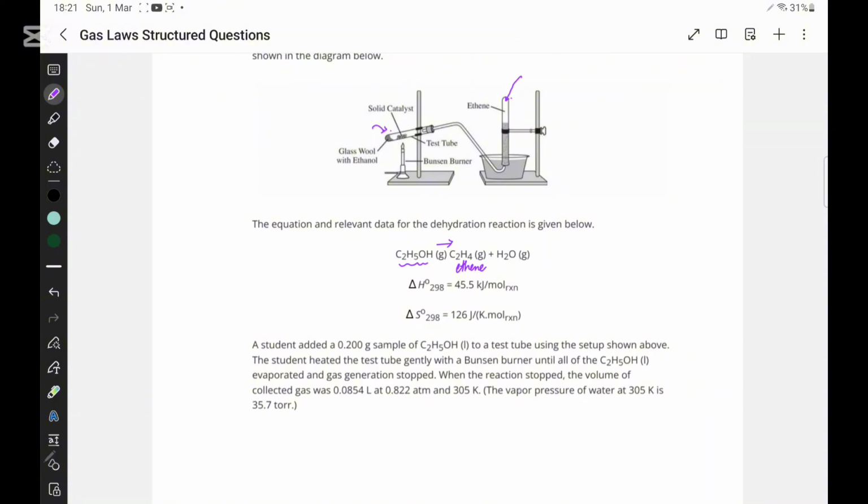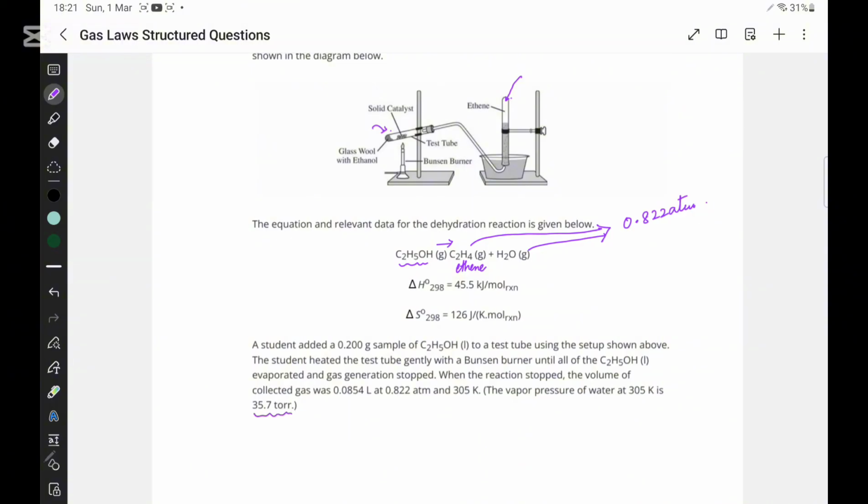So they are saying when the reaction stops, the volume of collected gas contains two gases, one is this one, one is this one, and their total pressure is 0.822 atm, while the pressure of water is going to be 35.7 torr.